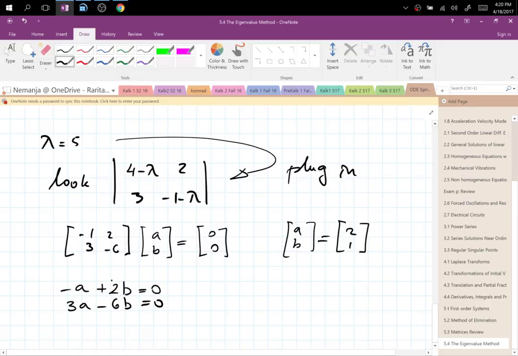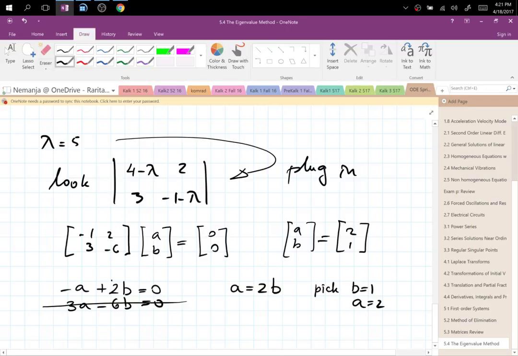So you can just strike one equation out, and then you get the equation A is equal to 2B. You can pick B equals 1, which means A is going to be 2, and you get your 2, 1.